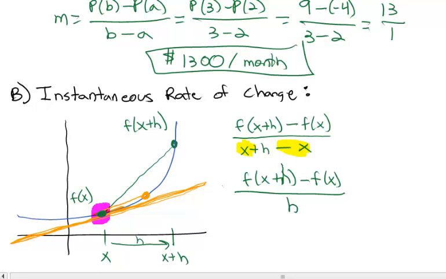What I mean when h is nothing is we're taking the limit as h shrinks down to 0.